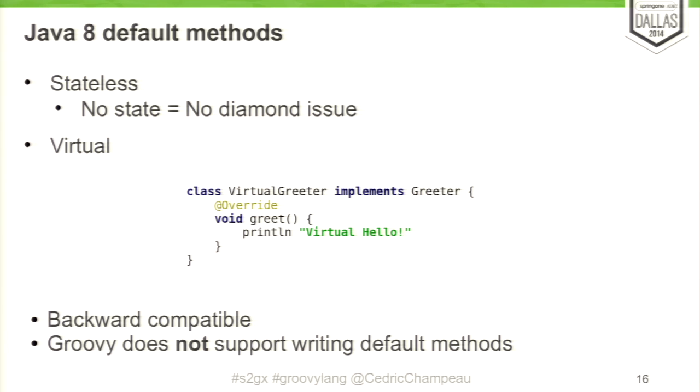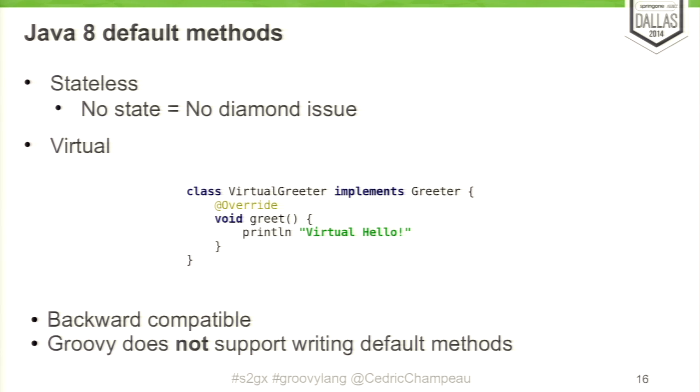That's pretty natural, okay? You just do Java like you used to do. The only difference is that you have a default version of the method if you want. So it's fully backwards compatible, and it's quite interesting, but it has no state.